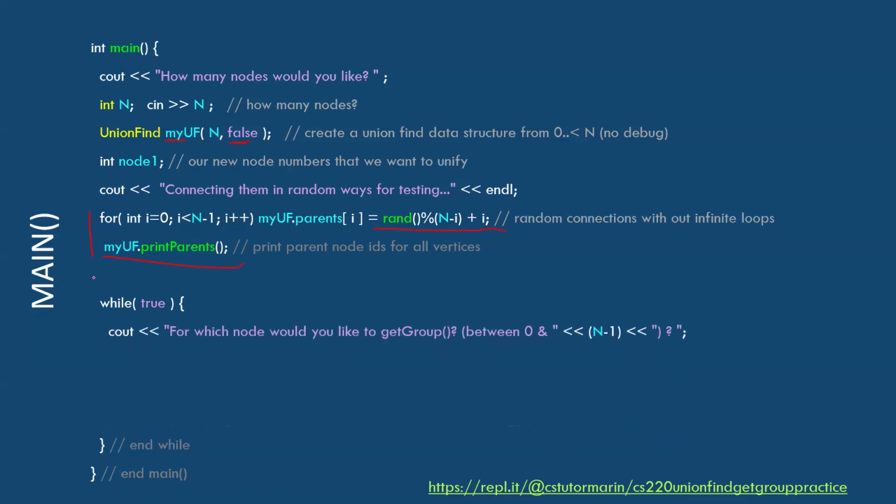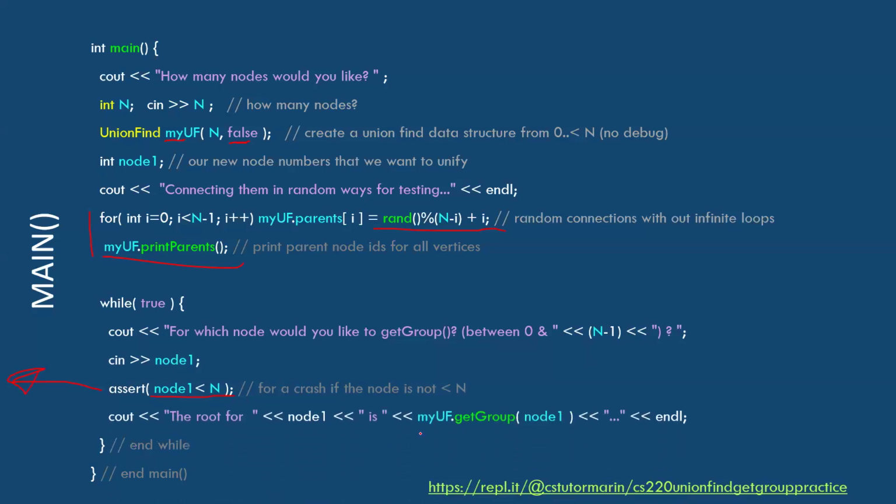And then we'll let you ask questions: which node, which group are you in? And if you give me a bad node, then I'll crash the program. That's what our assert is there for, right? But otherwise, we'll just say, hey, my group is that. So that's how we want to test it. Create it, and then ask some questions down here.